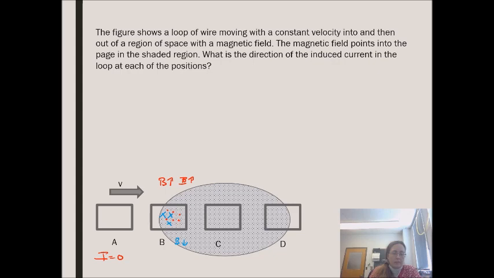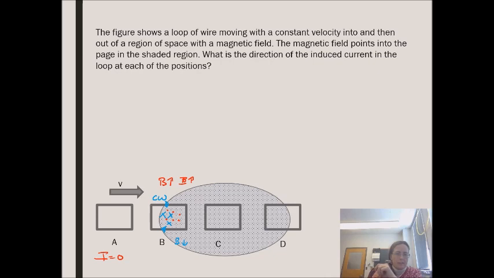To create the opposing magnetic field, it needs to have a magnetic field that's in. So we get our handy dandy loop out again, put our fingers into the loop to represent the magnetic field going away from us, and we'll find that with our thumb at the bottom pointed to the left, at the top it's pointing towards the right, and so we would call this a clockwise fashion.